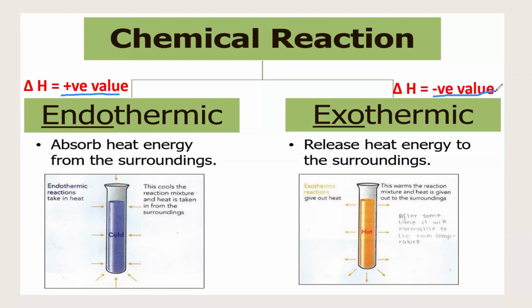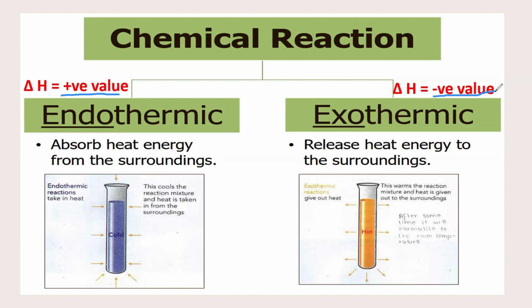If you deposit money, it will be added to your balance, a positive value. If you take money, it will be deducted from your balance, so it will be a negative value. In this reaction, the balance is heat. If heat is added in an endothermic reaction, it is added to the balance, deposited, so delta H is a positive value. While if exothermic, heat is given outside the reaction, so delta H will have a negative value.